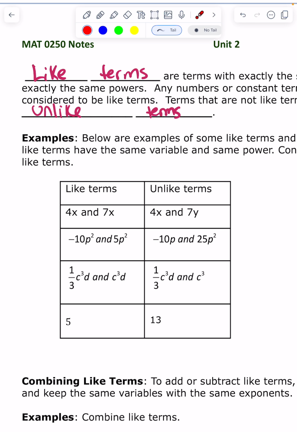1/3 c cubed d, and c cubed d. Those are like terms. They're both c cubed d's. But 1/3 c cubed d and just c cubed are not like terms because this is missing the d.